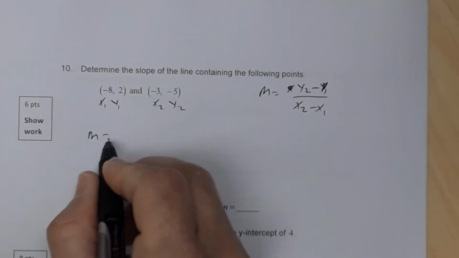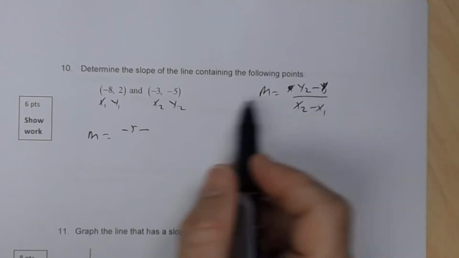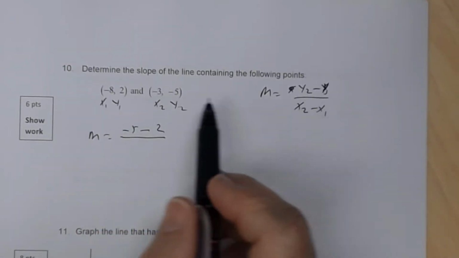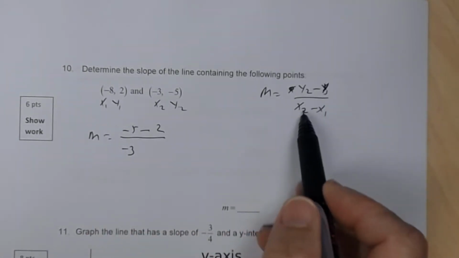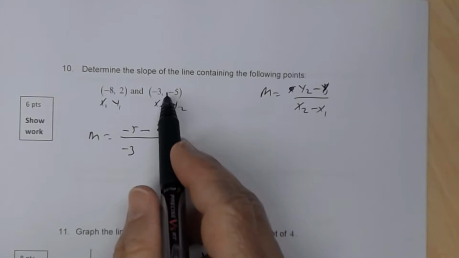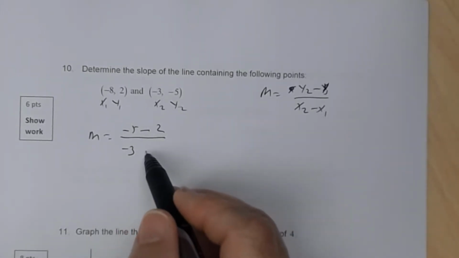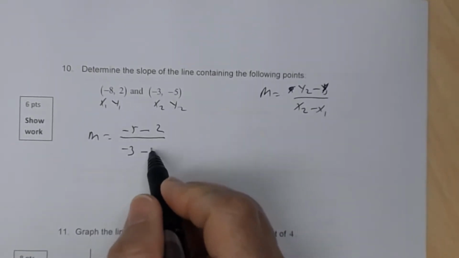So the slope would be y2, which is negative 5, subtract y1, which is 2, divided by x2, which is negative 3. Now remember, the order matters. So if you start with y2, you better start with x2. So if you start with negative 5, you better start with negative 3 when you do the denominator. So negative 3 subtract negative 8.